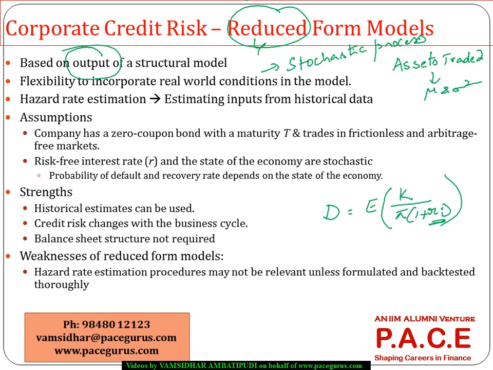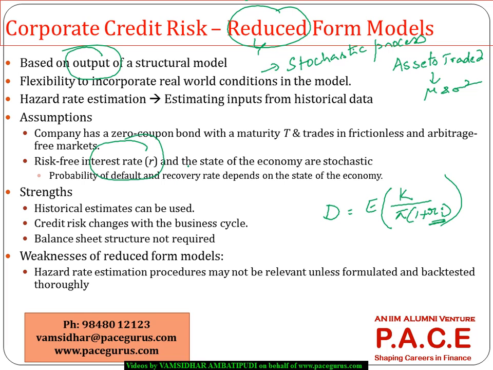A lot of input data can very well be taken from the historical data. You can assess the hazard rate quite comfortably in this model and use it for the determination of the credit risk. And this makes an assumption that the interest rate need not be constant for the entire period.